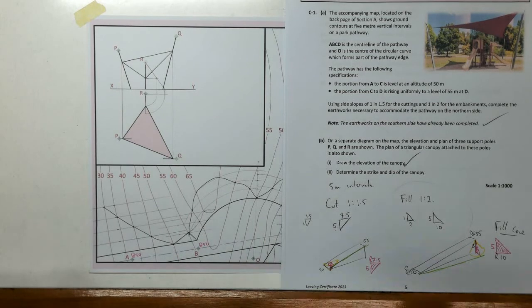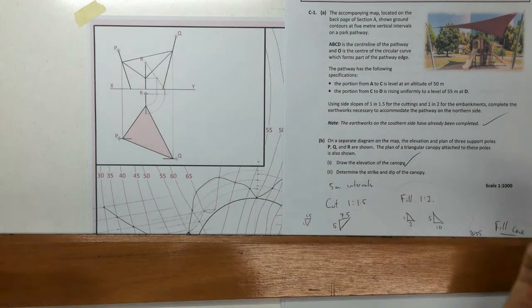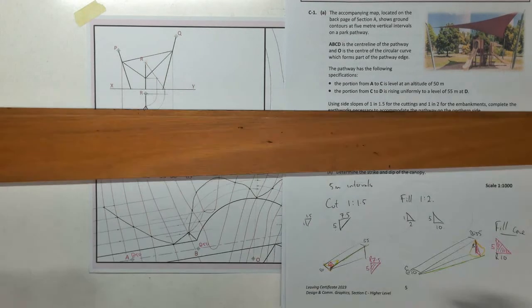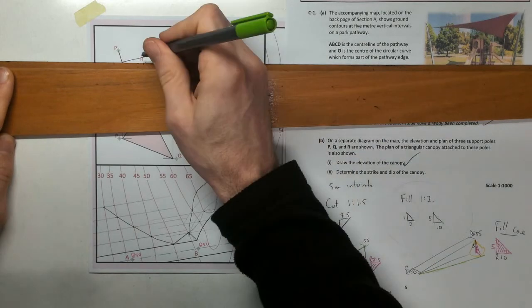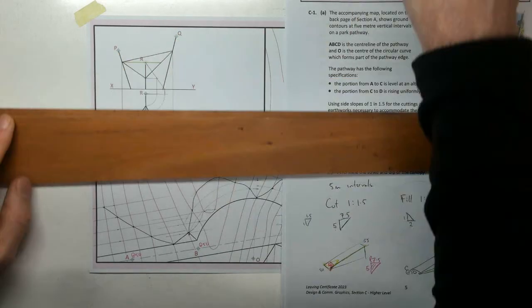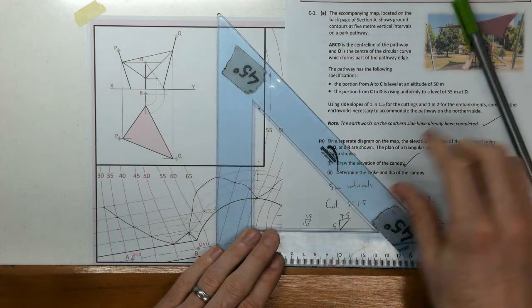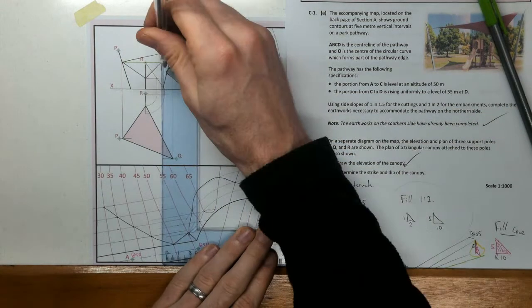So my strike is a level line on this plane. It's a canopy, but we follow the plane or a laminate. So I'll do a level line. I'll bring that down along this edge of the canopy, which is here. Let's drop that down.